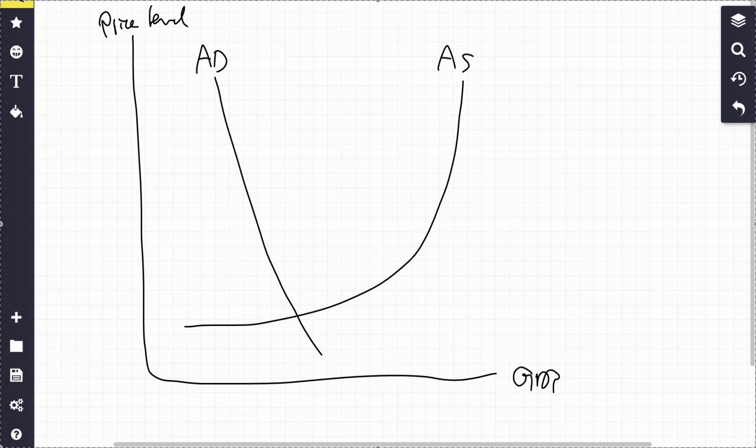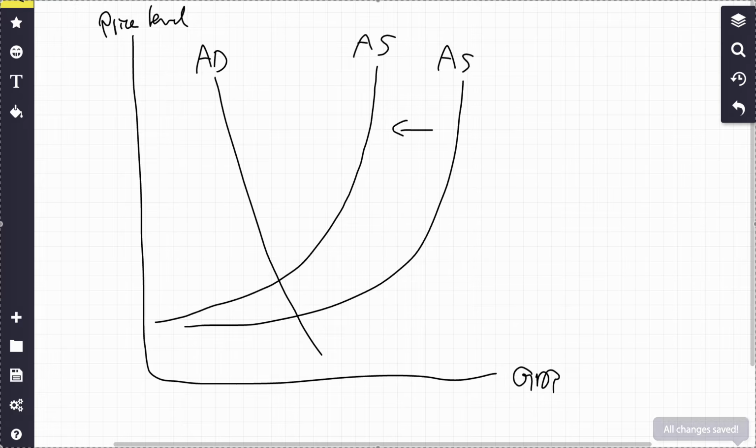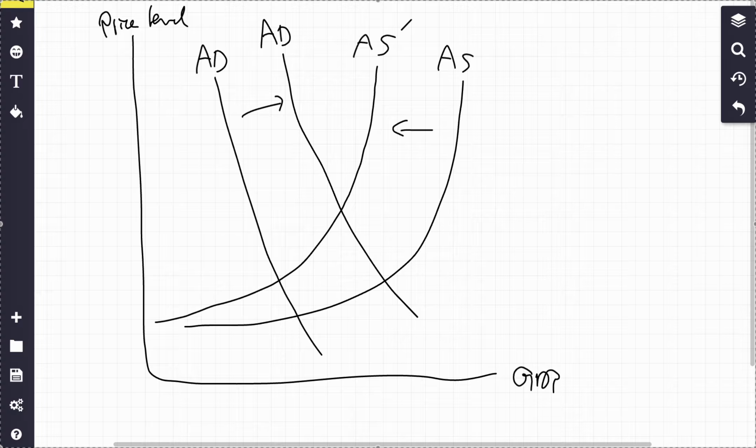And AS also shifted to the left throughout the pandemic, for the reason that I explained already. And then AD surged. So this is the new AD. Let's say this is 1 and this is 2, and that caused a significant shortage.